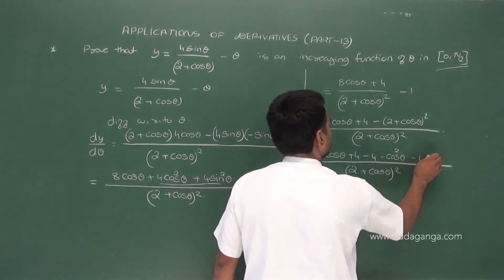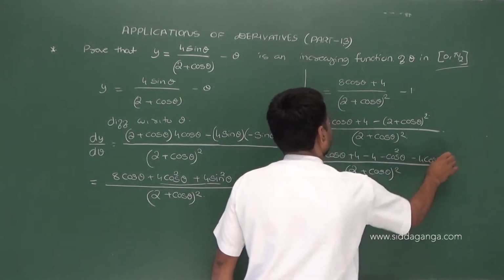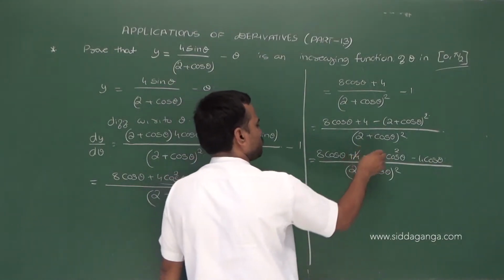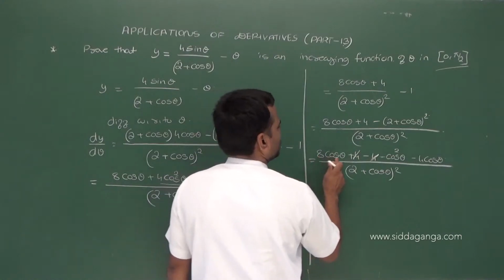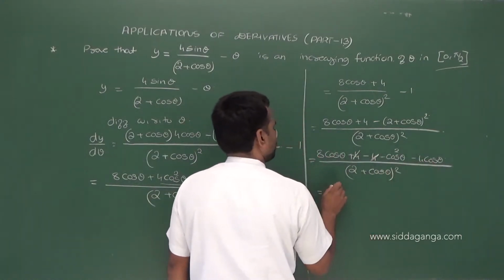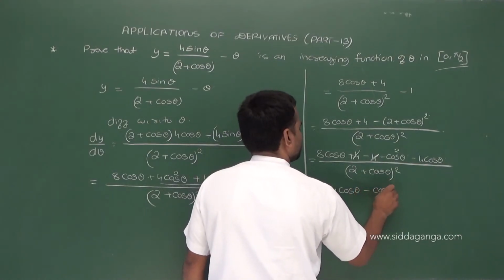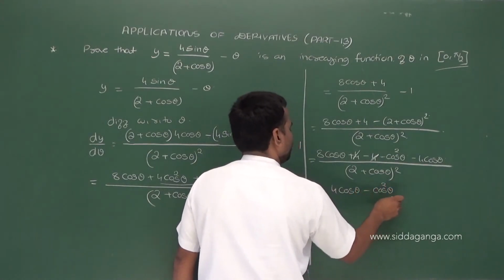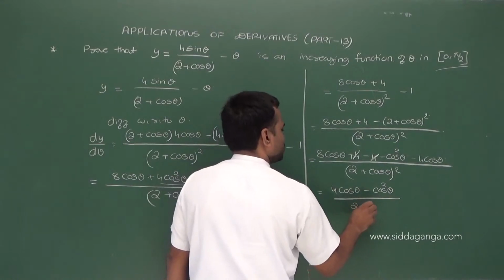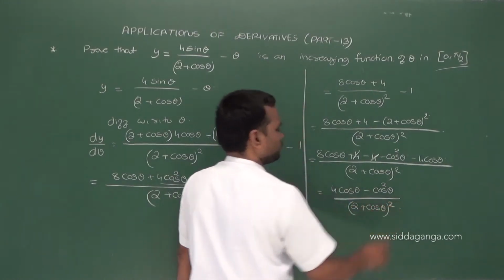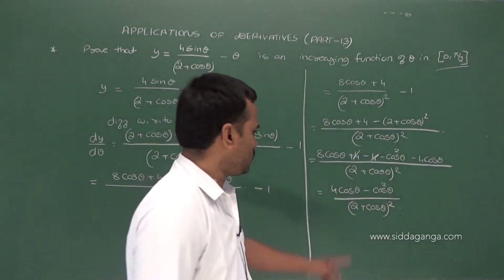Then 4 cos theta. So observe here, plus 4 minus 4 get cancelled. 8 cos theta minus 4 cos theta, what is left? 4 cos theta. Correct? Minus cos square theta divided by 2 plus cos theta whole square.